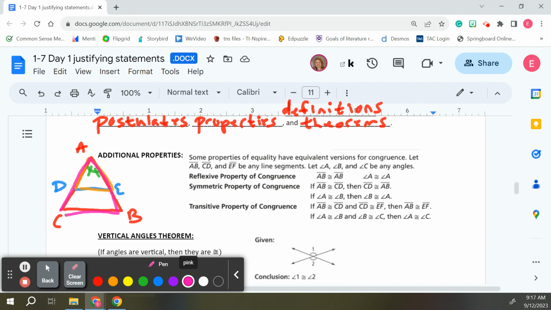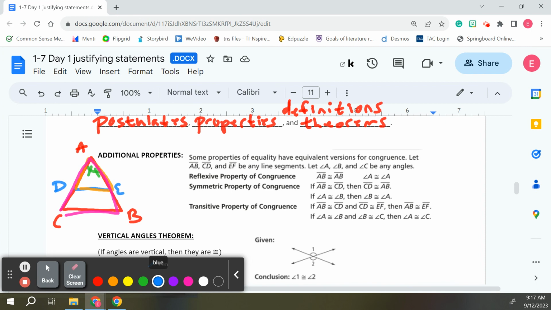Does that make sense where that's coming from? So they call it the reflexive property because think of it as like looking into a mirror. If you looked into a mirror, you see yourself back, right? Same idea here. You're just using the same piece to help prove something.